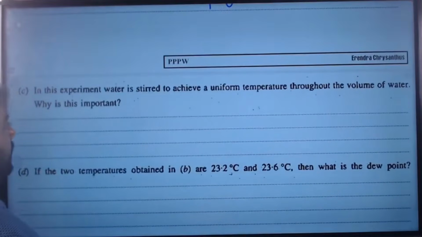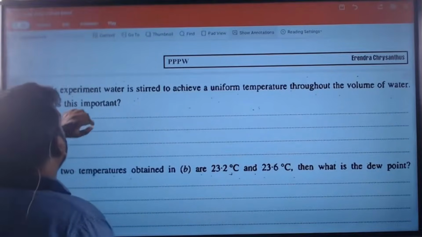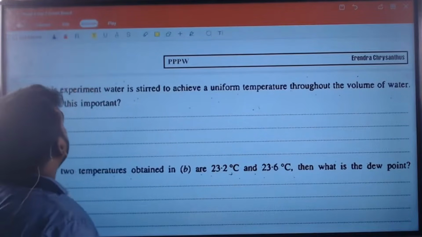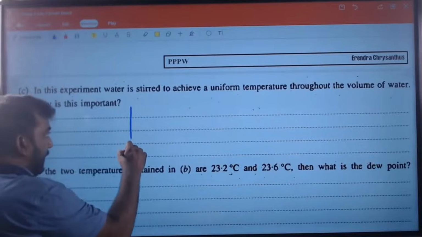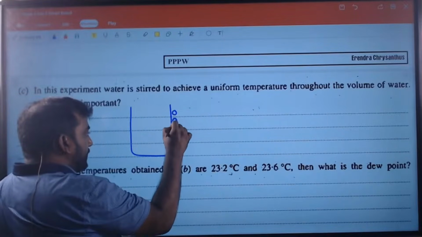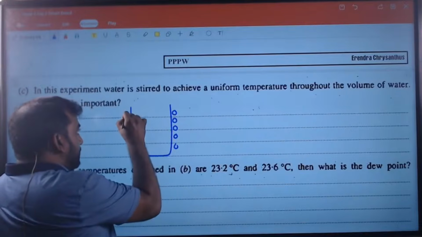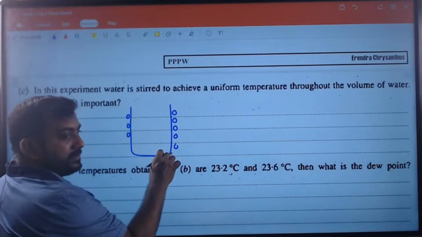In this experiment, water is stirred to achieve uniform temperature throughout the volume of water. Why is it important to continuously stir to achieve this? Now, in reality, what are you going to measure? In reality, dew is formed on the outer surface. We must measure the temperature of the outer surface.